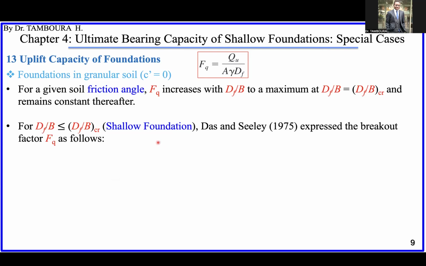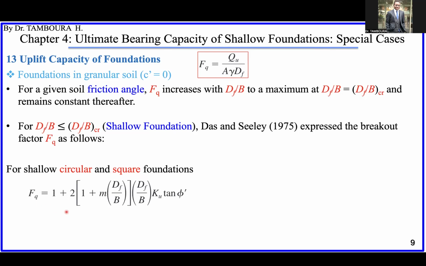So in that case, for a shallow foundation, circular or square, because in the case of a circular foundation we consider that the side is similar to the side of a square foundation, for these two, this is the equation we have for FQ.